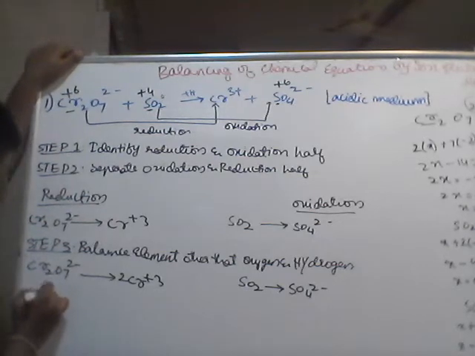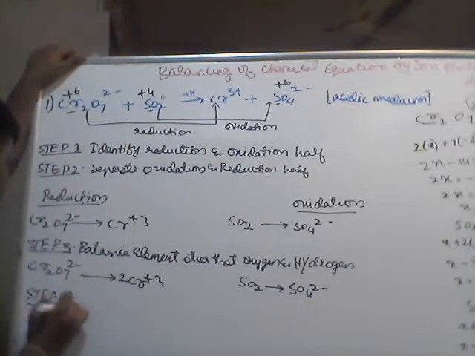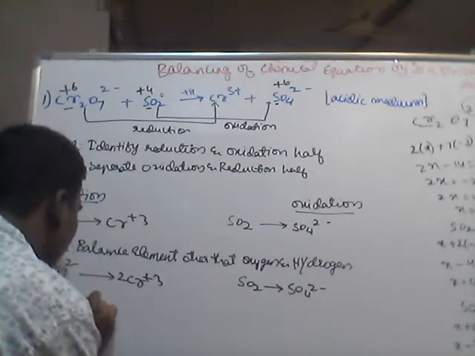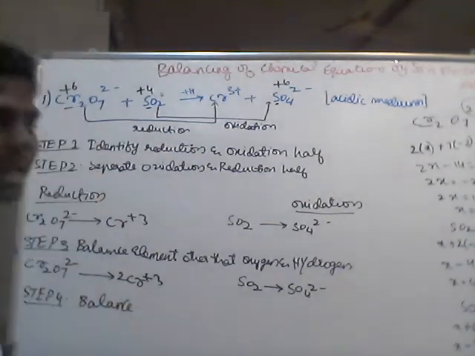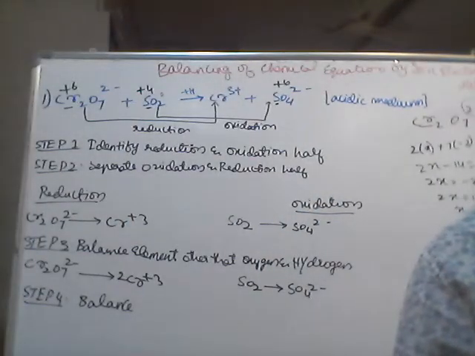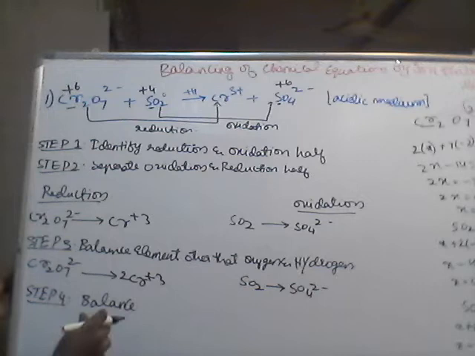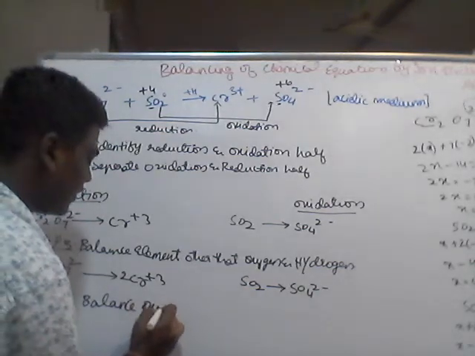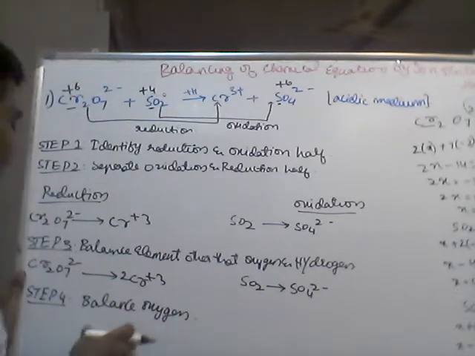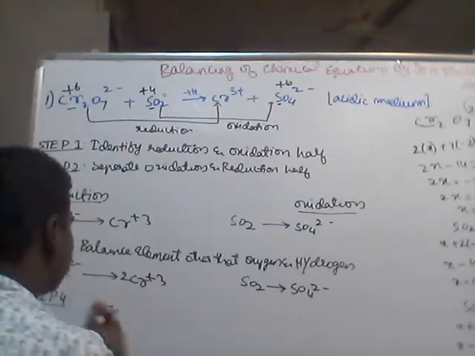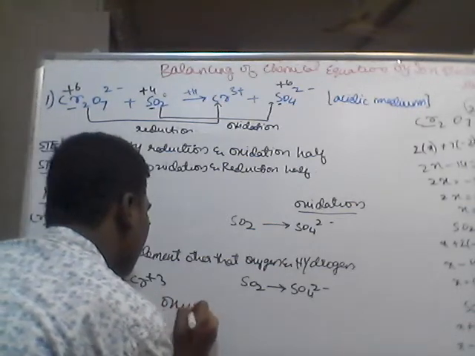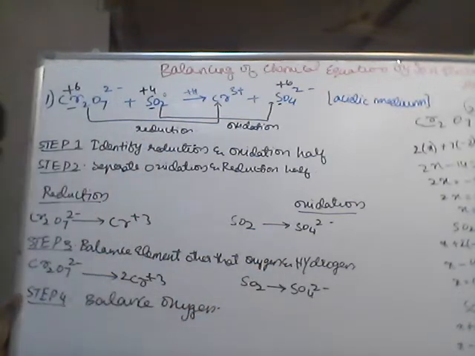Coming to the fourth step. What does step 4 say? Balance the element oxygen. So step 4 is balance oxygen. How are we balancing oxygen here? By adding H2O molecules.